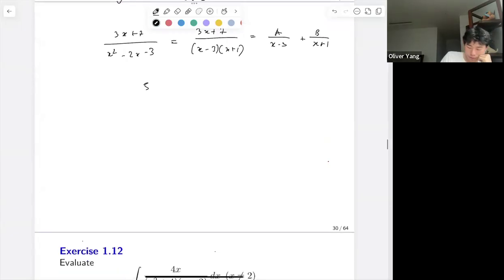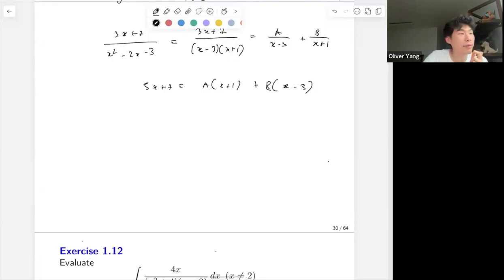So it's going to be 3x plus 7 equals a(x plus 1) plus b(x minus 3). Right. And then you get two equations. You get a plus b equals 3, and then a minus 3b equals 7.